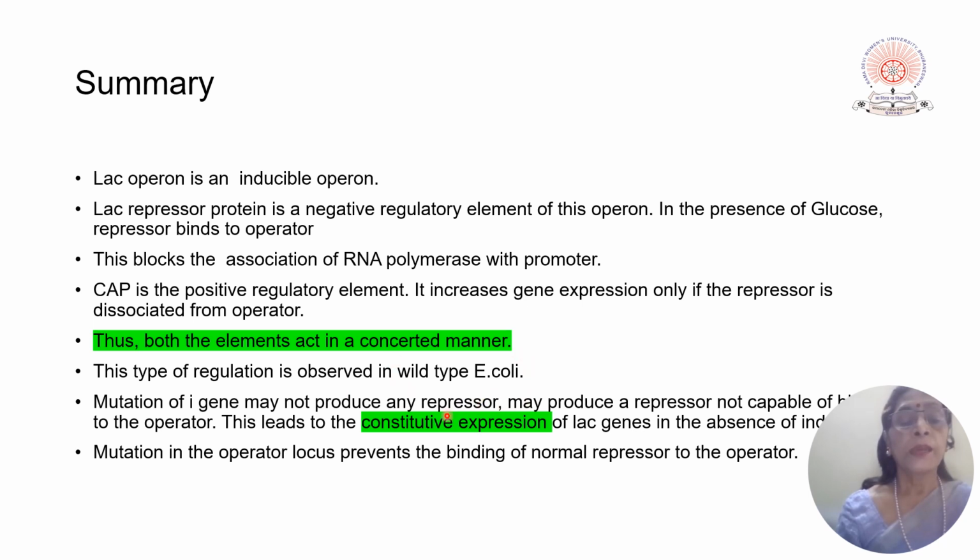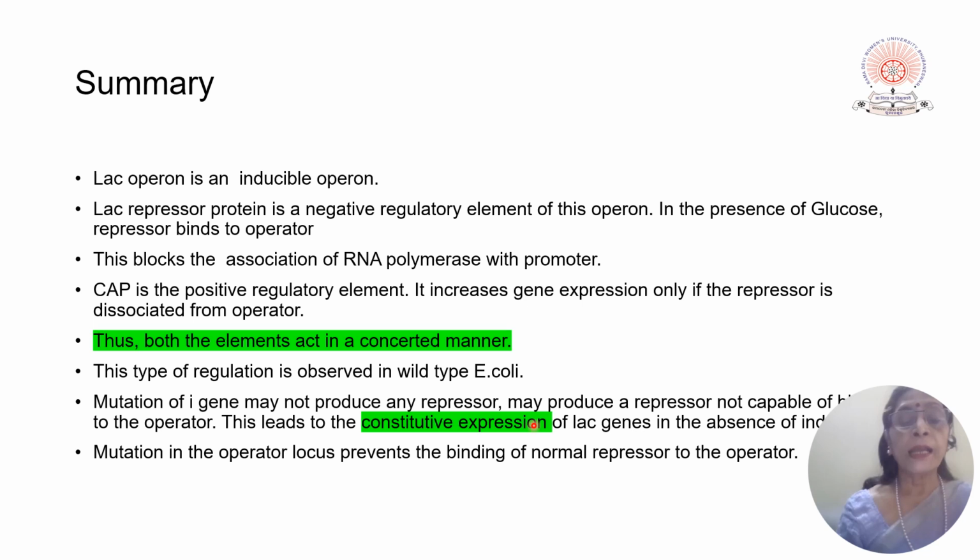If there is a mutation of the I gene, different types of results can be seen. If the I gene is mutated and does not produce the repressor, then there is constitutive expression of the lac genes.